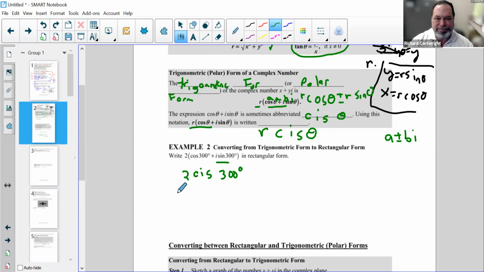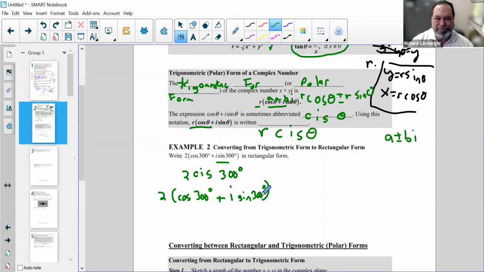So when I see that, I have to know that means 2 times the cosine of 300 degrees, plus I sine of 300 degrees. That's how you would write it.